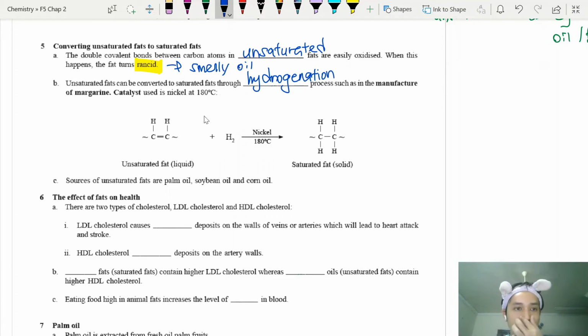Technically, margarine is made from unsaturated fats, your plant oil. Basically, you take your vegetable oil or plant oil and submit it to a hydrogenation process, meaning add hydrogen to the plant oil, and then it solidifies and becomes margarine. So you are changing from liquid fat to solid.